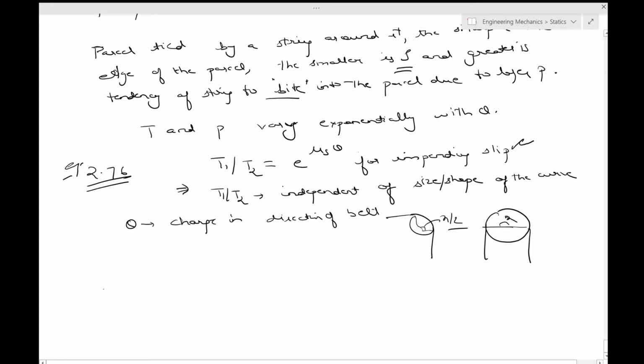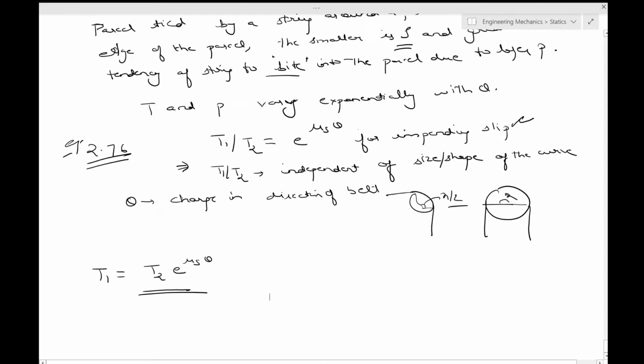Okay, now so T1 over here, when using this, you can write out as T2 into e to the power of mu s theta, and this exponential increase in this tension T1 is of great practical utility. How is it? For example, if you take theta is equal to 2 pi, and this is irrespective of the shape.